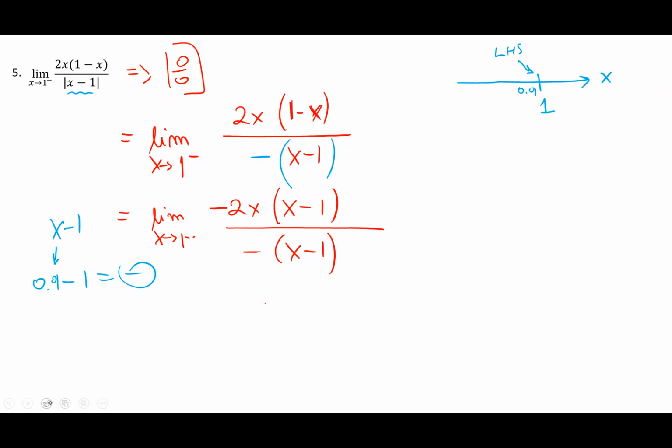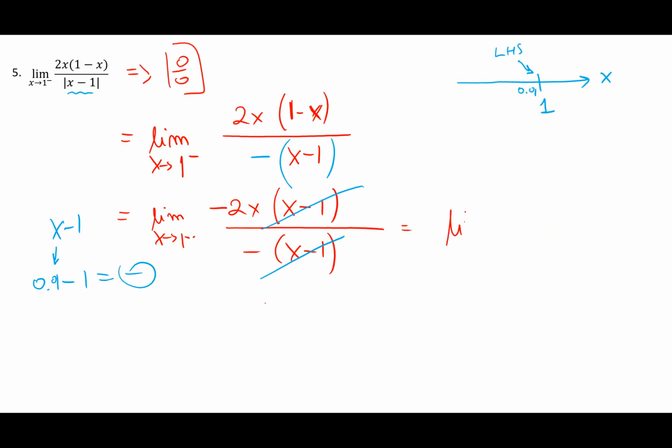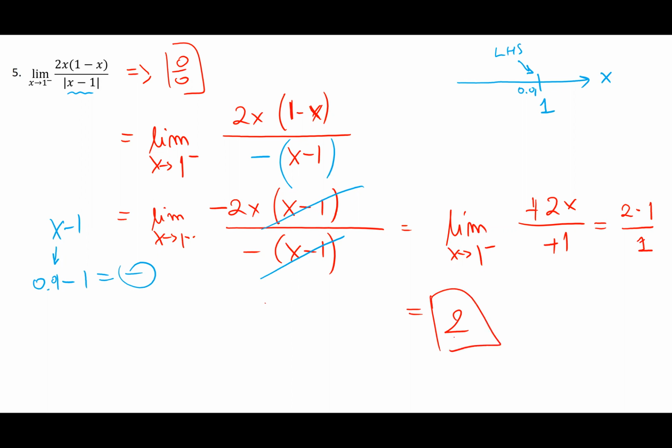Okay, now we can beautifully see the common factor, x minus 1, and actually negative and negative is positive. But I can write down the quantity and what stays, and since we have x, we still have to keep a limit. Okay, we do have negative 2x, negative 1. But as I said, this will become positive. x is 1. I can do my direct substitution. 2 times 1 over 1, of course, is 2.